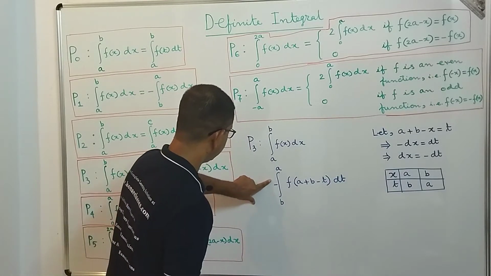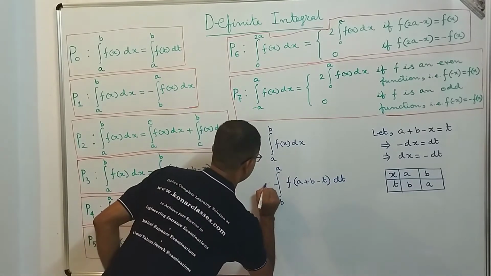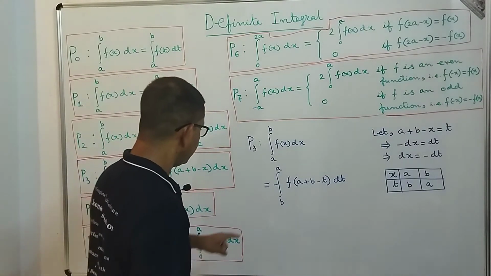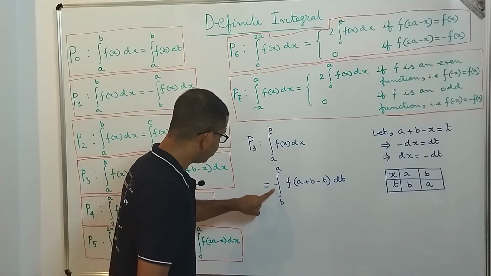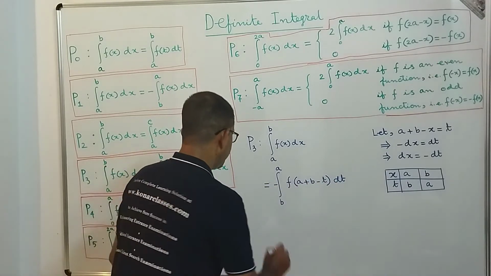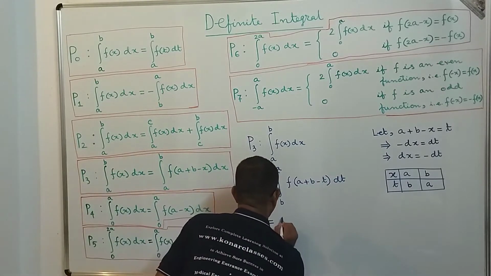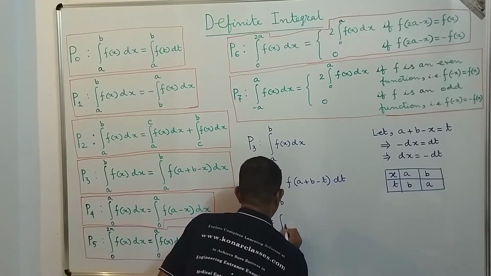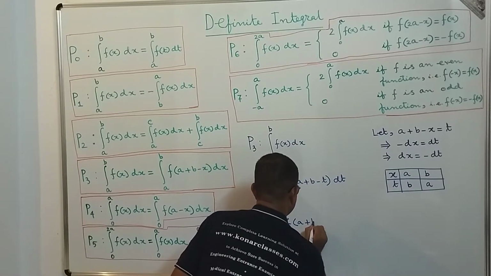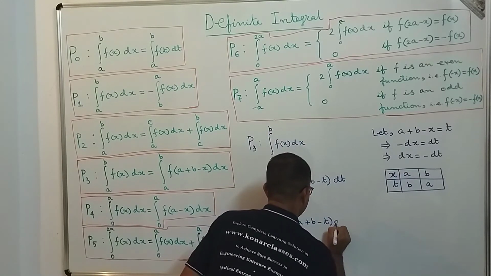Okay, correct? So we can put the equal sign here. Now what can we write? Minus integration b to a f(a + b - t) dt is equal to integration a to b f(a + b - t) dt.